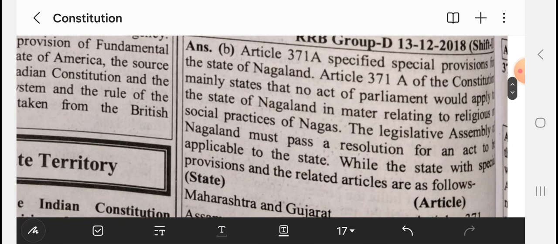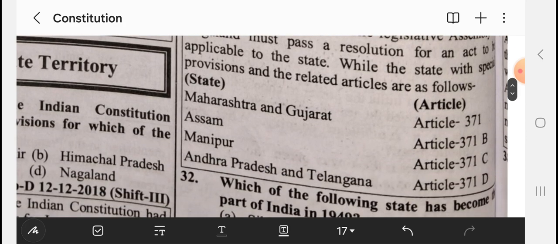The Legislative Assembly of Nagaland must pass a resolution for an act to be applicable to the state. The states with special provisions and the related articles are as follows.